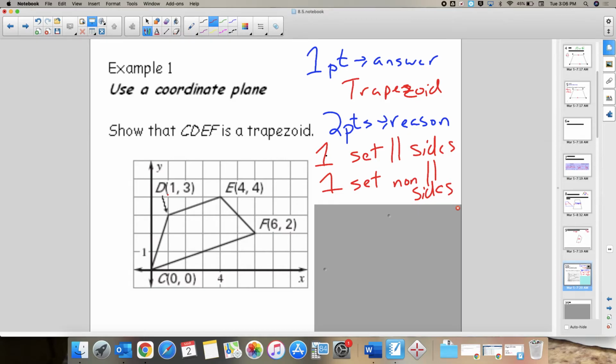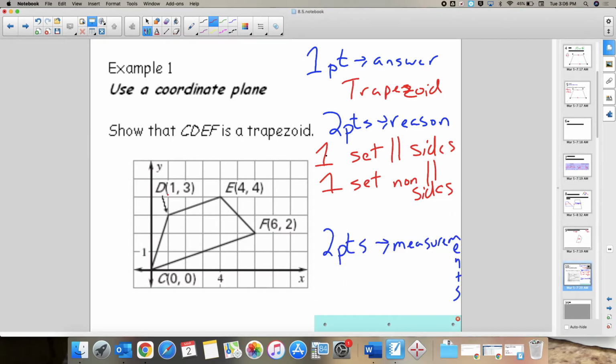Now, we need to show that that is true here. So you will get 2 points for your measurements. Well, how do we show that we have parallel sides? In this case, we need our slopes. So I need the slope of DE.